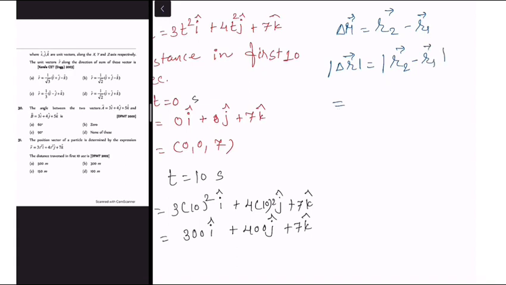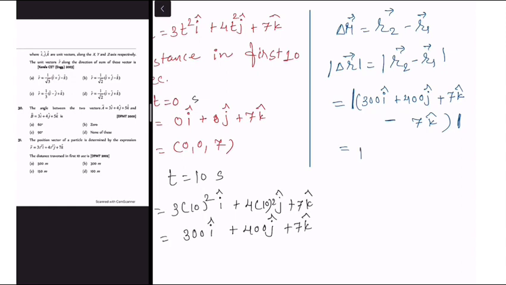So first of all, mode of this, okay, 300 i cap, 400 j cap plus 7 k cap minus, this is only 7 k cap, and then open mode. So your answer is 300 i cap, 400 j cap.